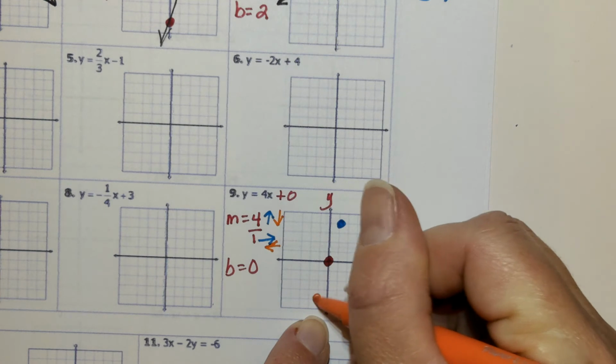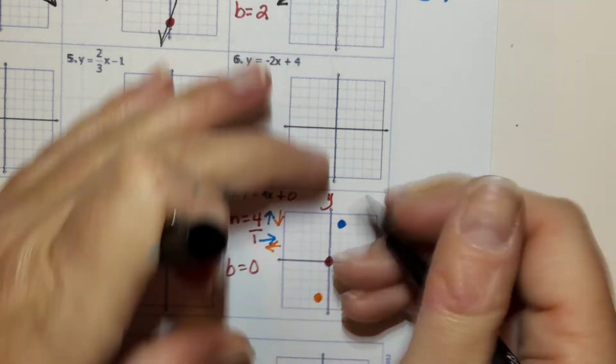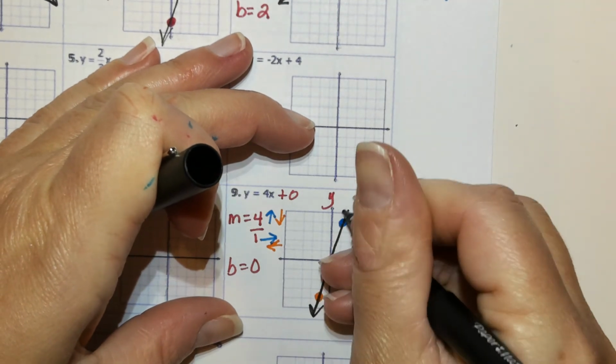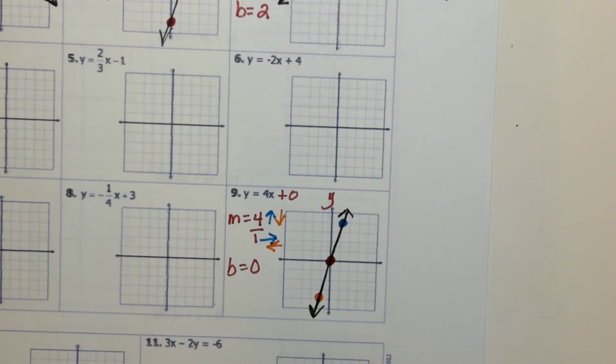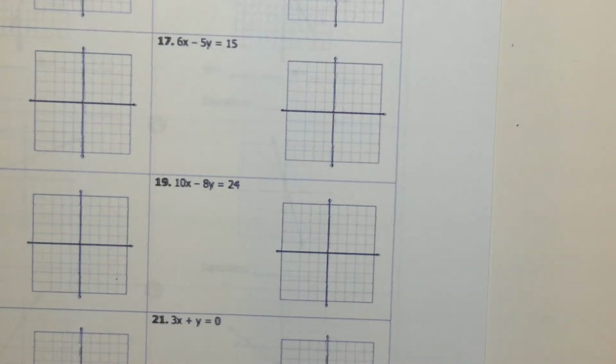Instead of going up, we're going to go down. Instead of going right, we're going to go left. Back to the origin or the original point, go down 4, left 1. And sure enough, those line up to make a nice straight line and we connect them as best as I can without a straight edge.